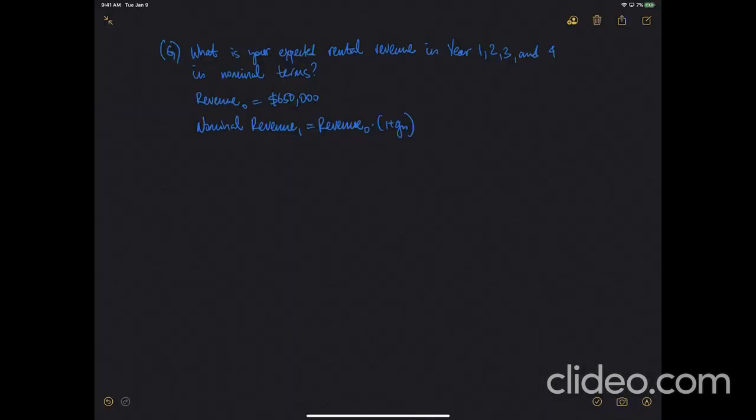In this question, we asked, what is our expected rental revenue in year 1, 2, 3, and 4 in nominal terms? Recall that our current revenue in year 0 is $650,000. Then the nominal revenue in year 1 equals the current revenue multiplied by 1 plus nominal growth rate.